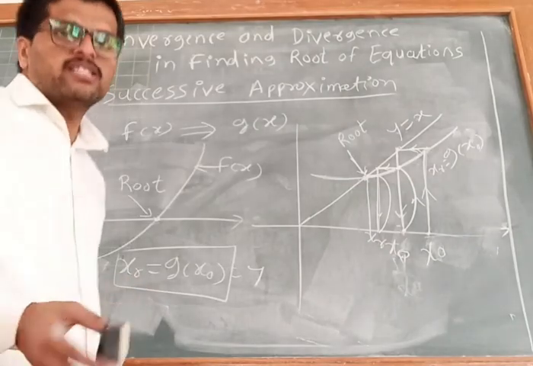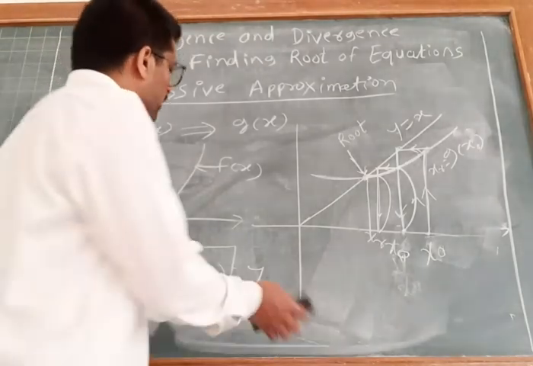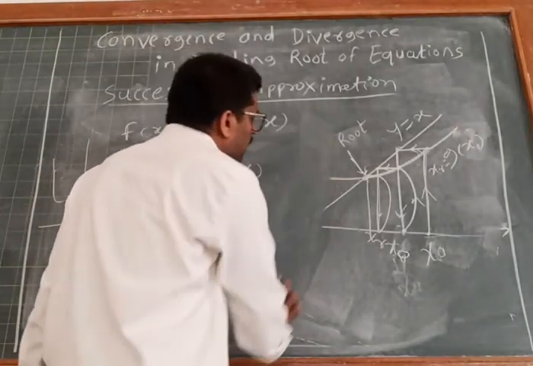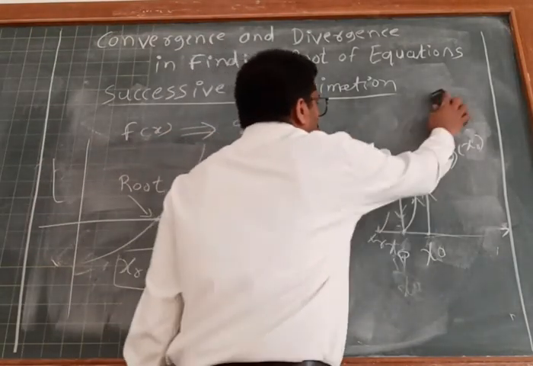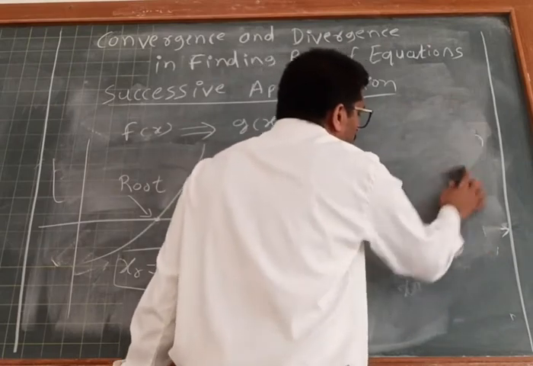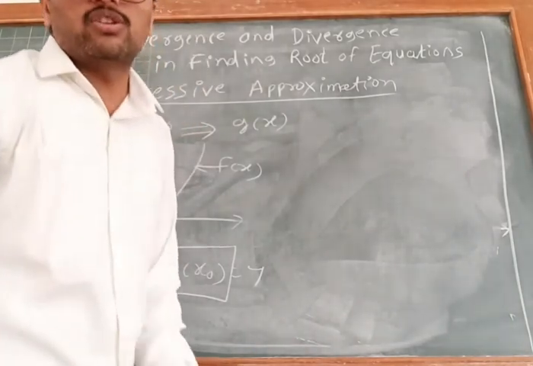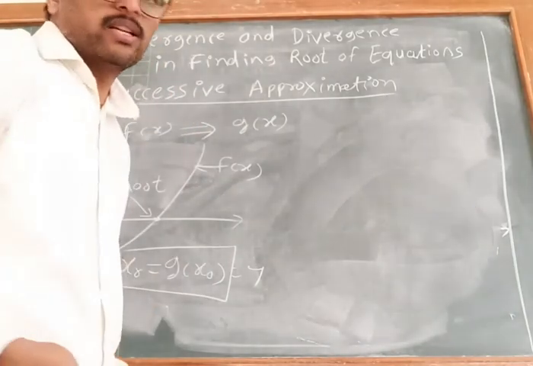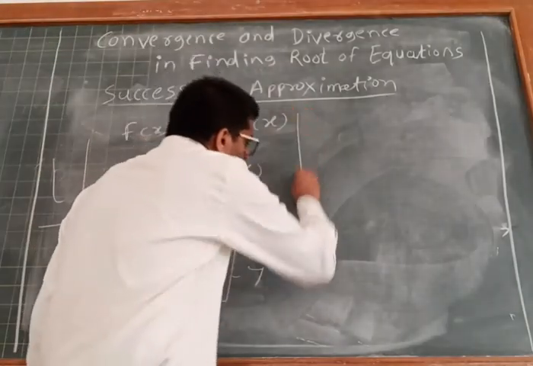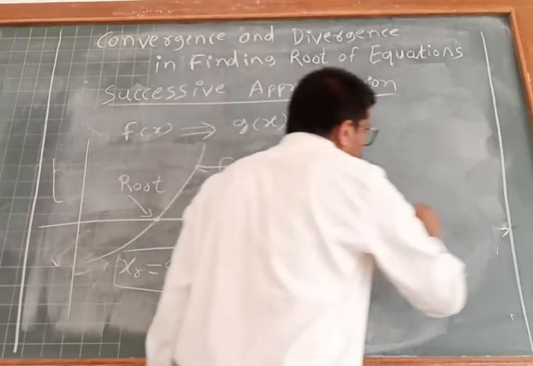Now I will explain what is divergence in the successive approximation method. Okay. So again it depends upon the nature of the graph. This g of x curve may be different. Depending upon the nature of the given equation, the curve for g of x may be different.